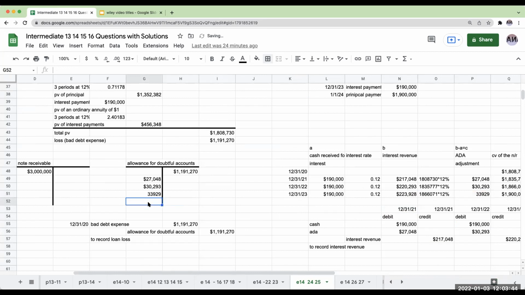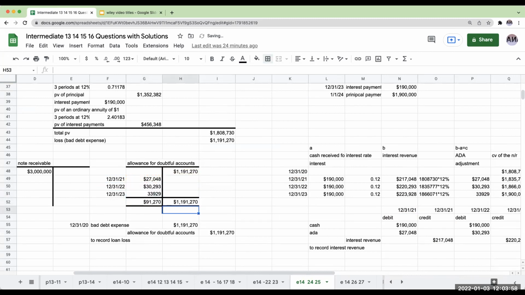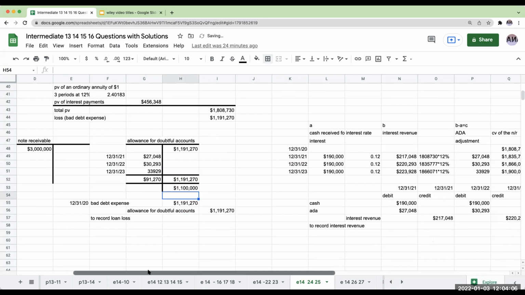Let's take a look at this really quickly. After I've made these various adjustments to my allowance for doubtful accounts, my ending balance is $1,100,000.